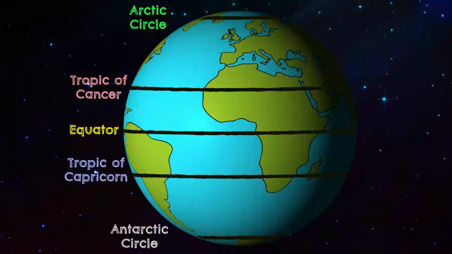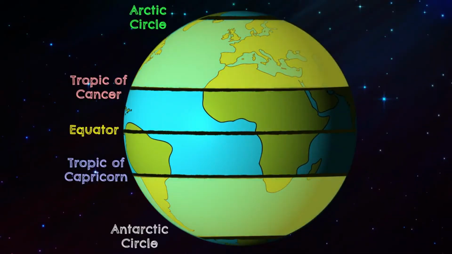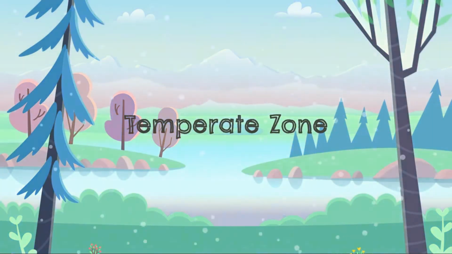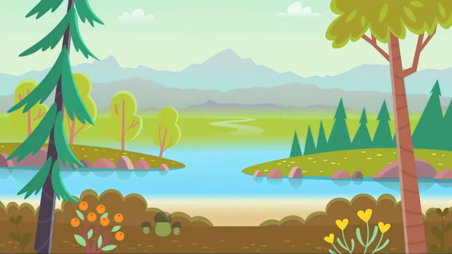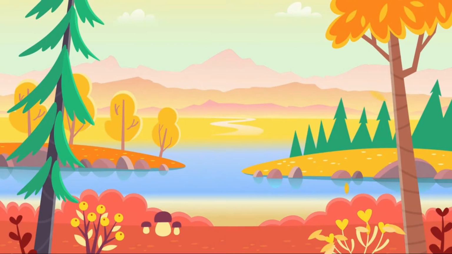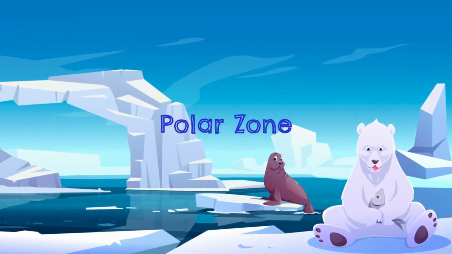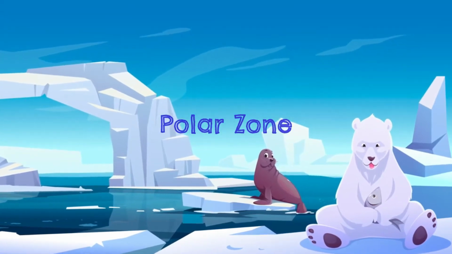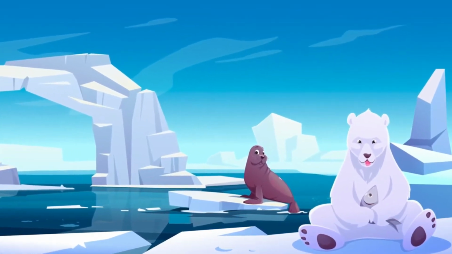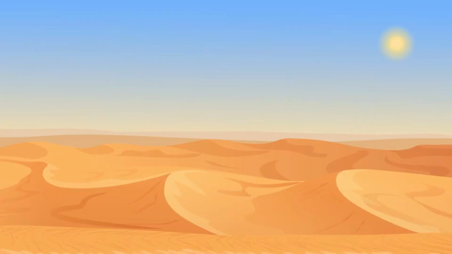The area between the tropics and the polar circles is called the temperate zone, where we can generally experience all 4 seasons during the year. The area beyond the polar circles is the polar zone, which gets the least direct sunlight and is generally cold and full of ice and snow.